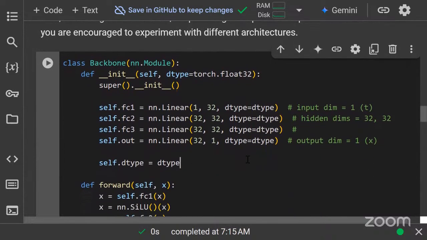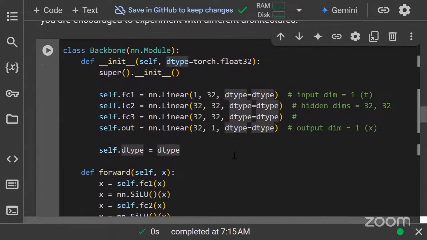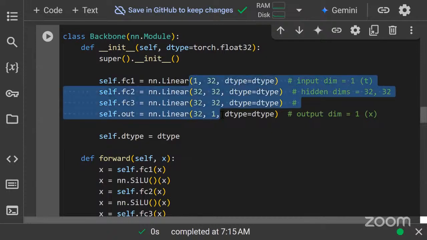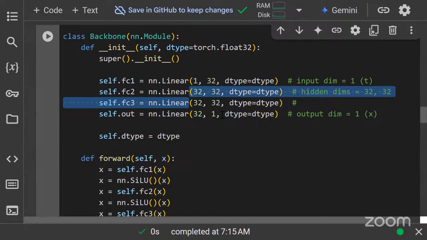Okay. So the first thing is we're going to create a machine learning model. In this case, we have a neural network, which I named the backbone. This one is exactly the same as what we saw in the lecture slide. We have two hidden layers in the middle, and then the input layer and the output layer, so a neural network with 4 layers.